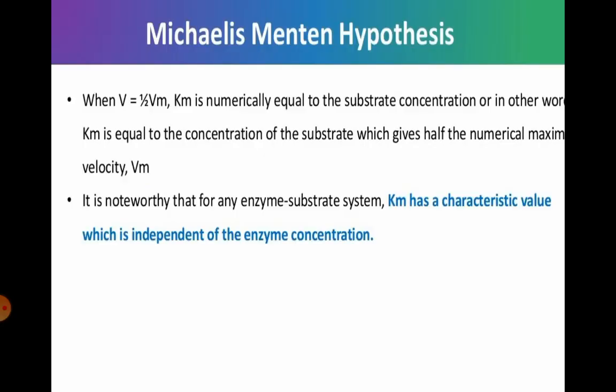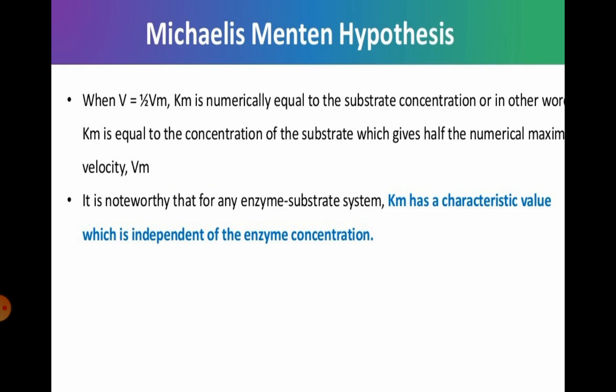When V is equal to half Vmax, Km is numerically equal to the substrate concentration. In other words, Km is the concentration of the substrate which gives half of the maximum velocity.